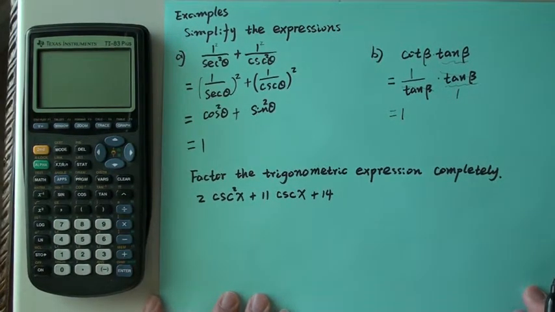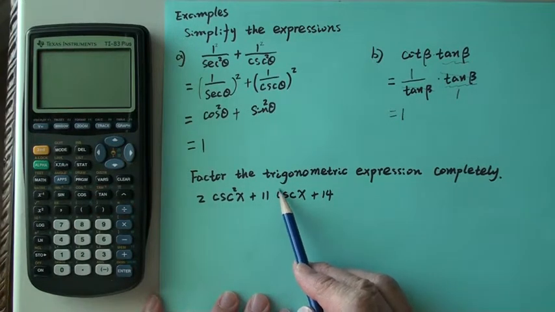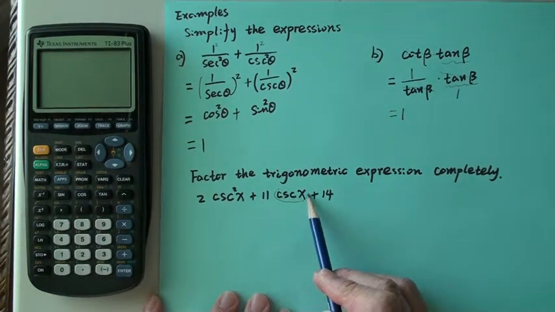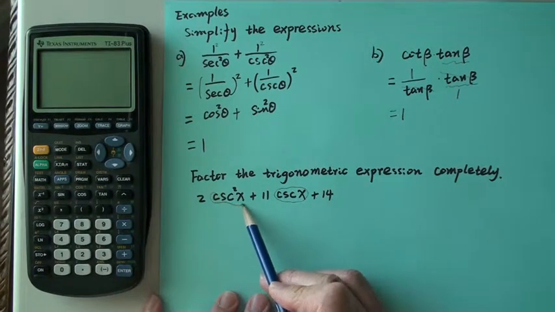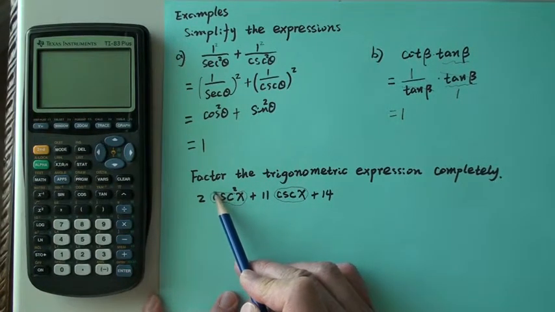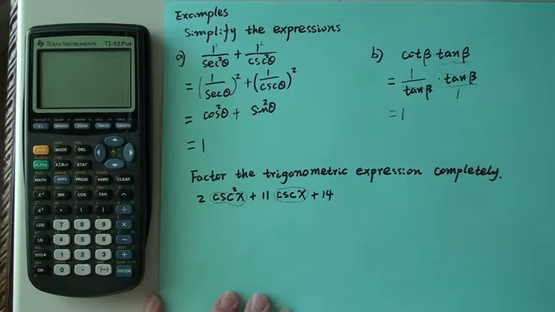Now, let's look at this one. This one, you want to look at cosecant x as a single variable. Okay, that's one thing. Then you think, this looks like a quadratic expression. You want to factor the quadratic algebraic expression.